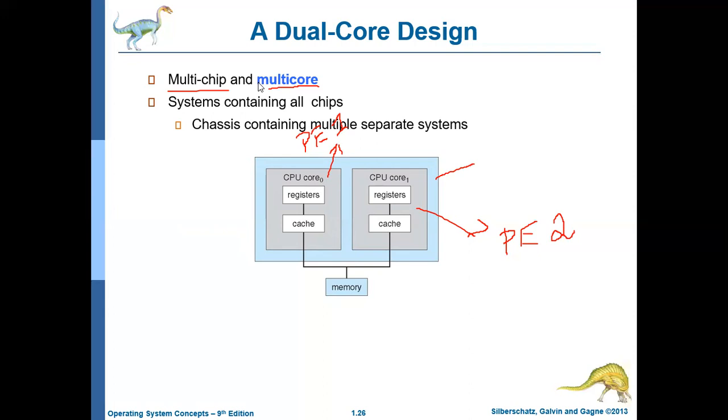What is the difference between multi-core and multi-chip? In a multi-chip based system, each processor will be placed in a separate chip, whereas in a multi-core system, multiple cores will be placed in a single chip. Performance-wise, a multi-core system performs better than a multi-chip system.